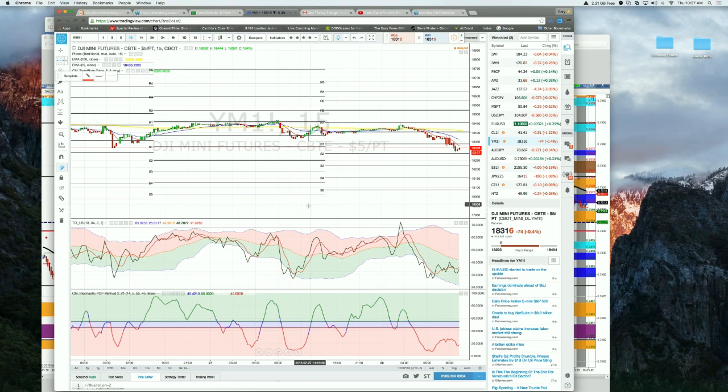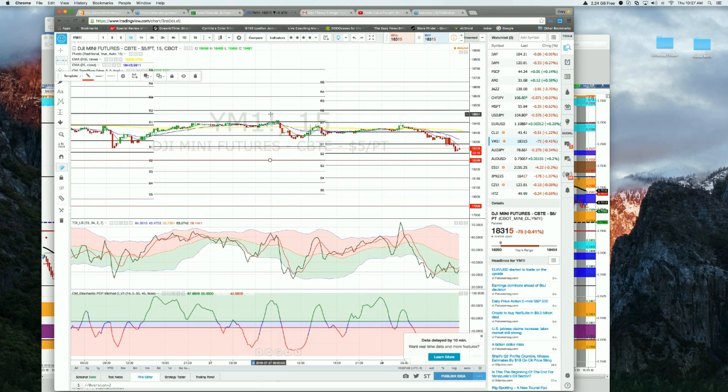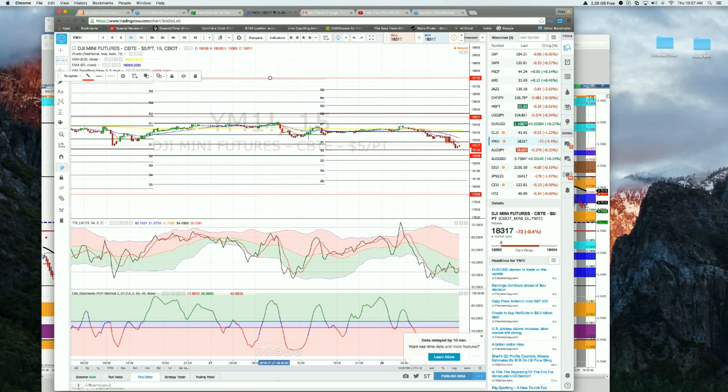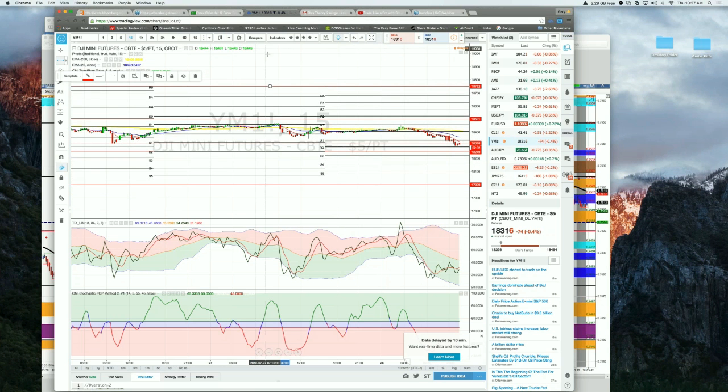So we take 18,000, and then we add 250 points to it. So 18,250 would be the next quarter. And this is not based on price action. This is solely based upon numbers, to answer your question. And the next would be 18,500, 18,750, and then essentially 19,000.